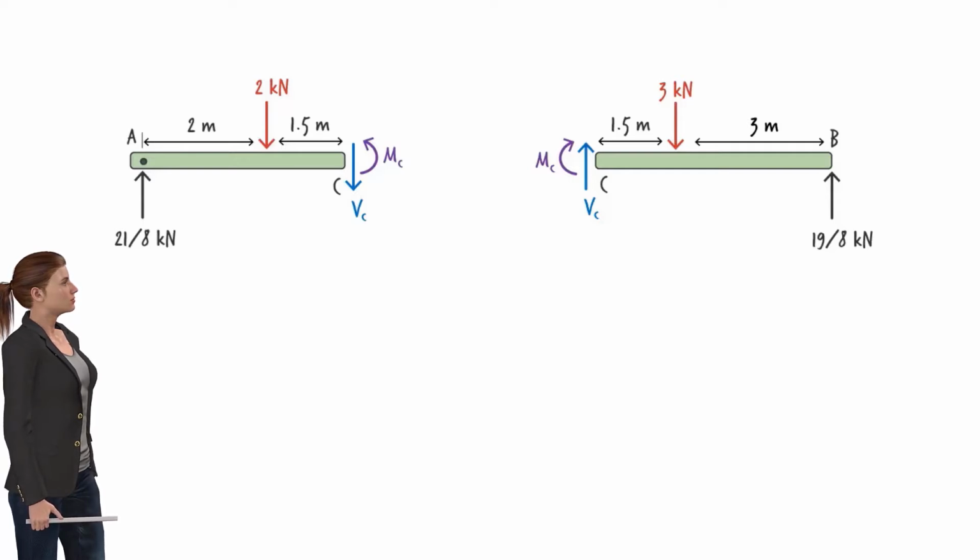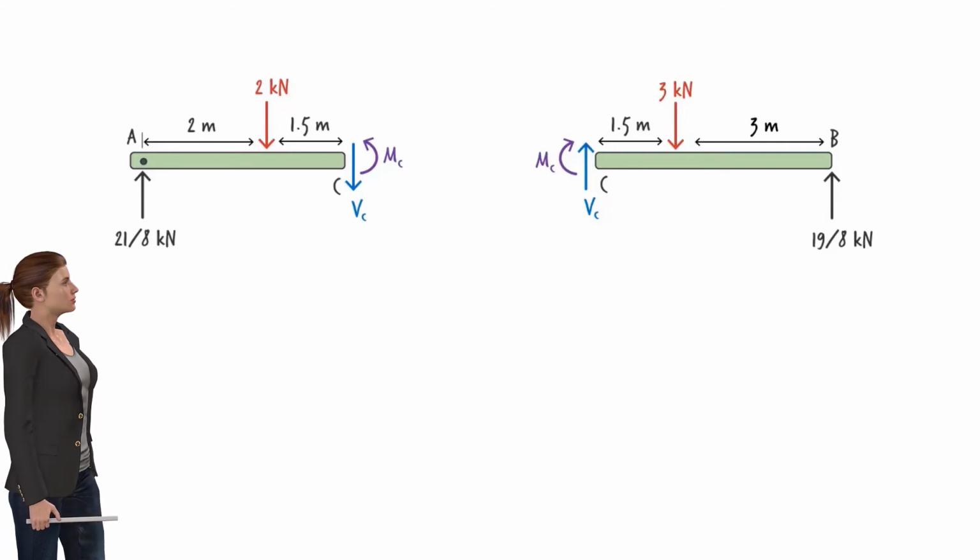Obviously, we can use a different sign convention here, but regardless of the sign convention being used, it is imperative to keep in mind that the internal forces at the left and the right ends of the cut must cancel each other out. So the two shear forces must act in opposite directions, and the two moments must act in opposite directions so that their sum ends up to be 0.